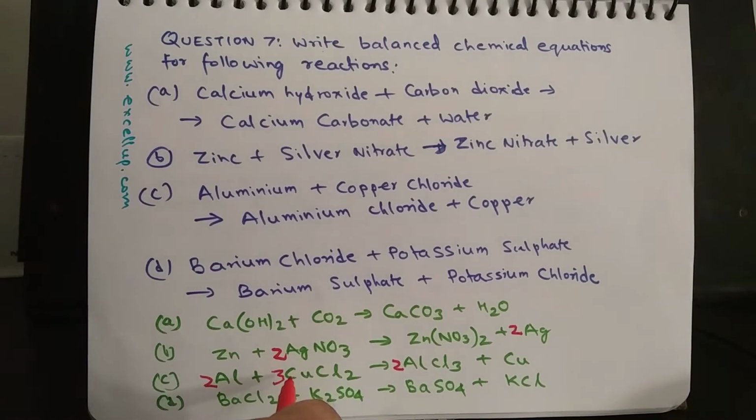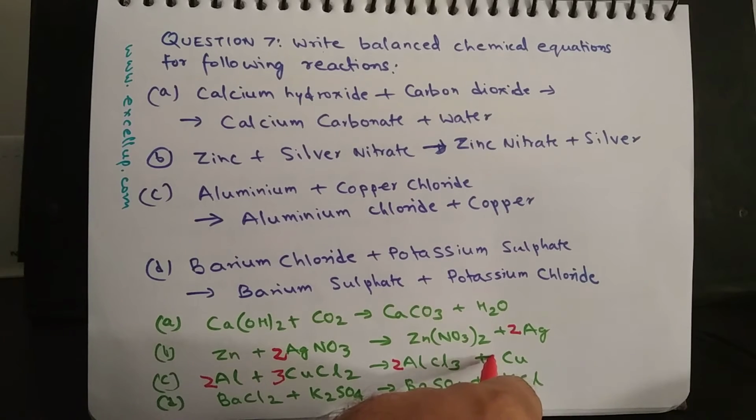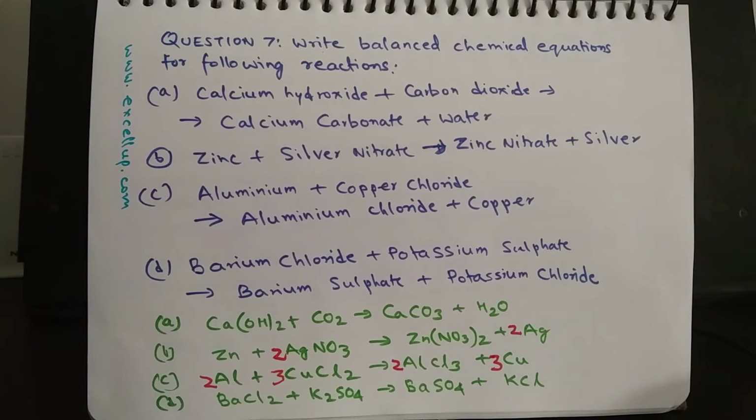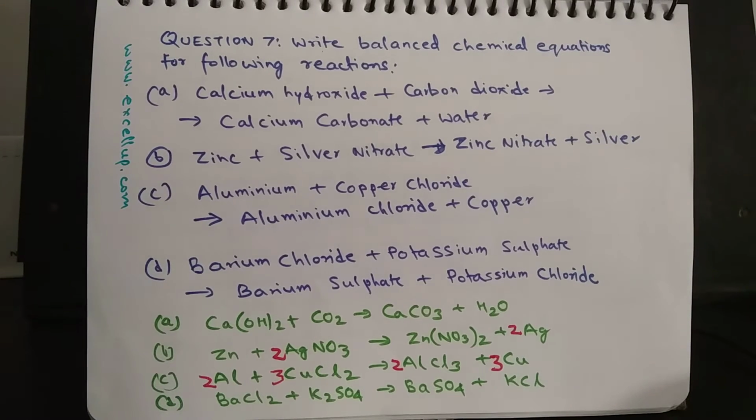Copper, so 3 over here. Now, 2 for aluminium, 3 for copper, and 2 multiplied by 3, 6 for chlorine. So this equation is balanced. The final equation is 2Al plus 3CuCl2 is equal to 2AlCl3 plus 3Cu.